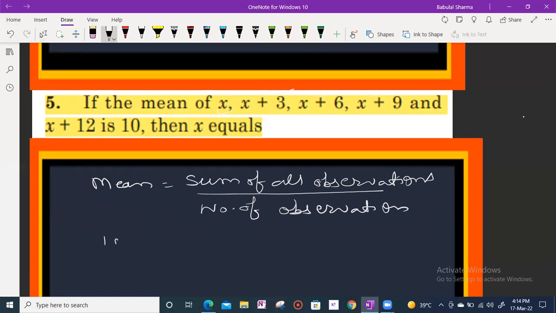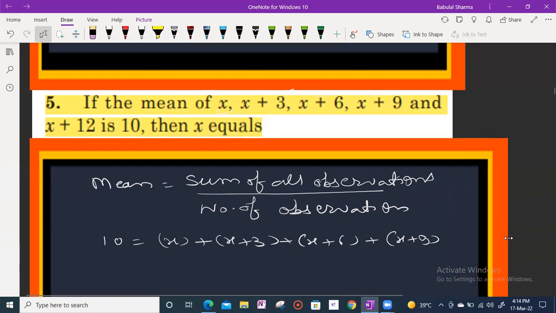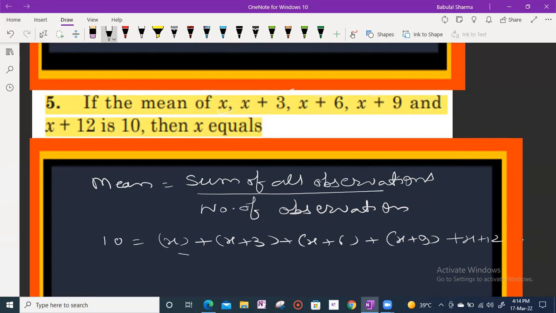Mean is already given, that is 10, and sum of all observations, that is x plus 3 plus x plus 6 plus x plus 9 plus x plus 12 divided by 5, because these are 5 observations.